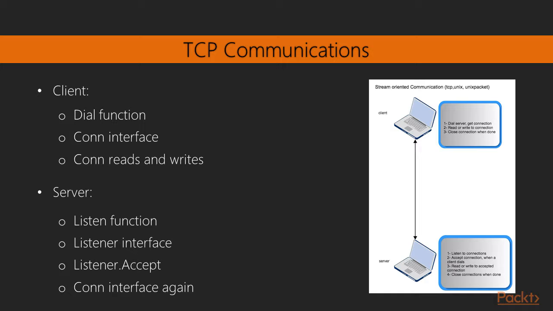And then at the end, we close the connection when we're done. So again, we dial, get the connection, then read and write to the connection, then we close the connection.